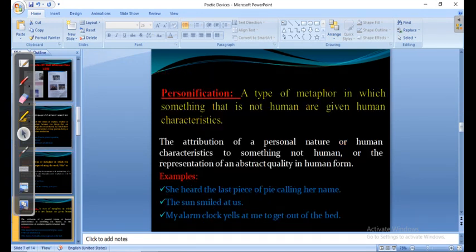Another poetic device is personification. It is a type of metaphor in which we give human characteristics to non-human things, the attribution of personal nature or human characteristics to something not human, or the representation of an abstract quality in human form.